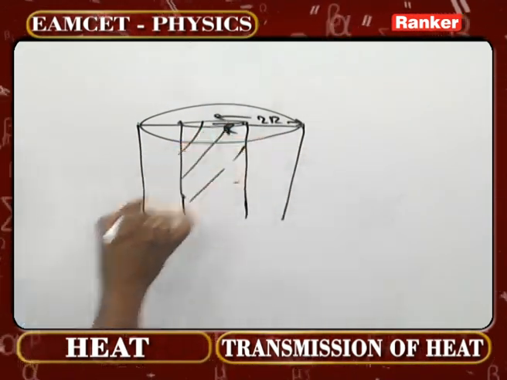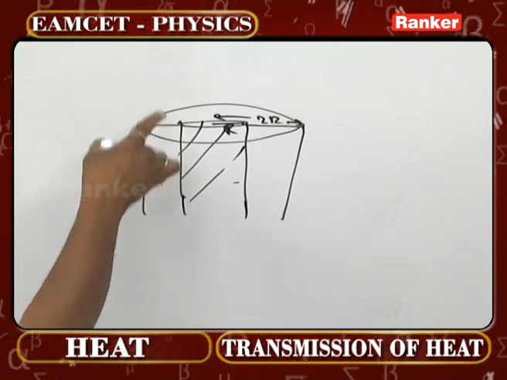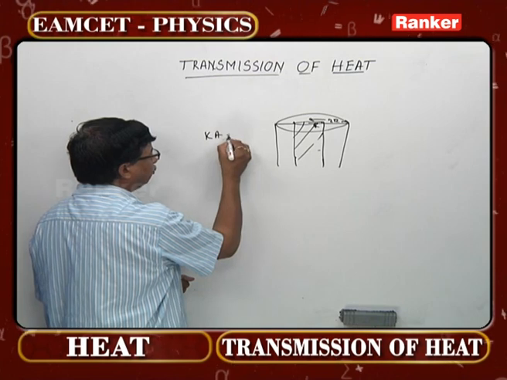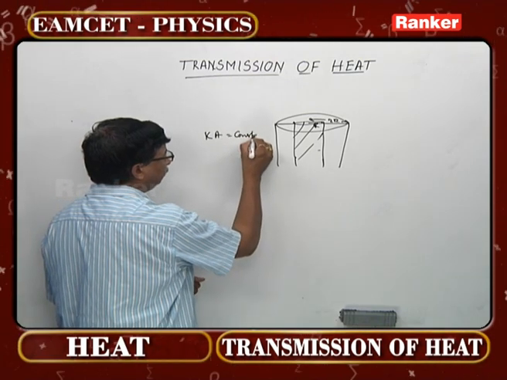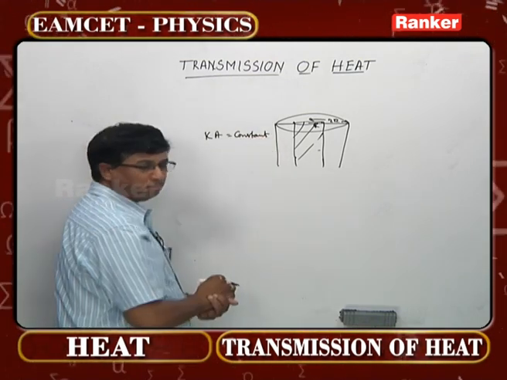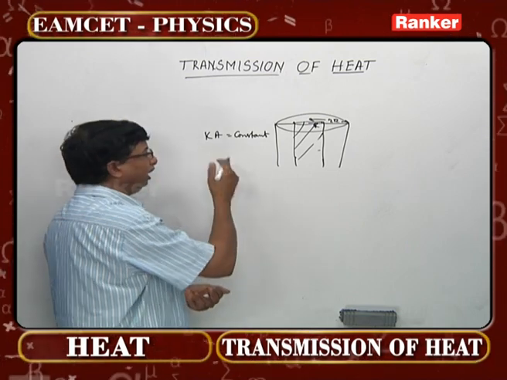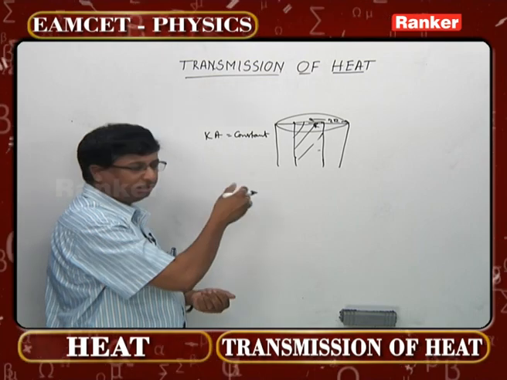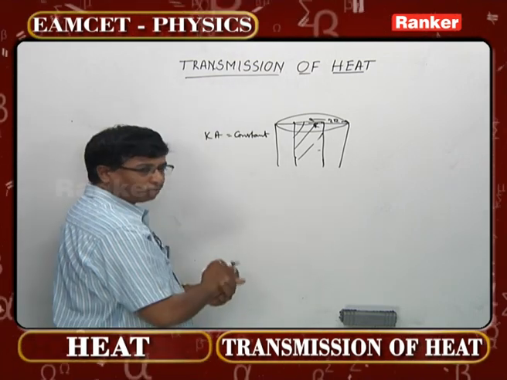That is what has been given in the problem. Now, in such cases, remember carefully, K into A should be constant. That is the simplest way of remembering the formula. You need not write K into A into theta 1 minus theta 2 into t by L, because all other things remain constant. K into A is constant here.